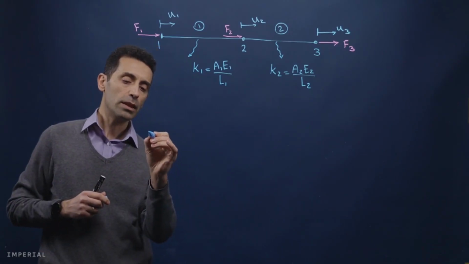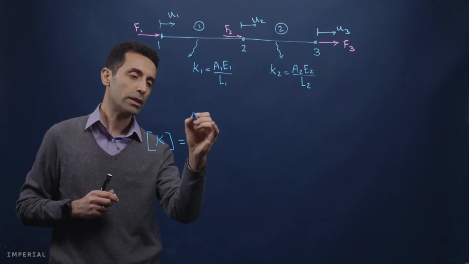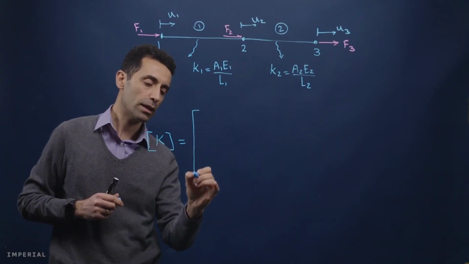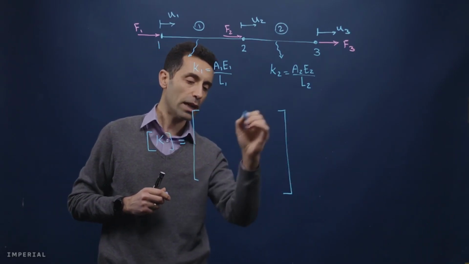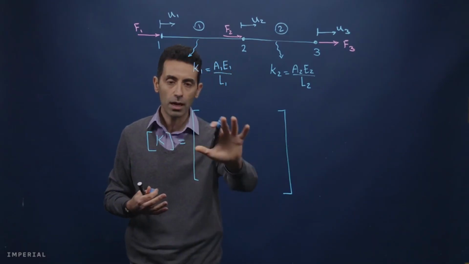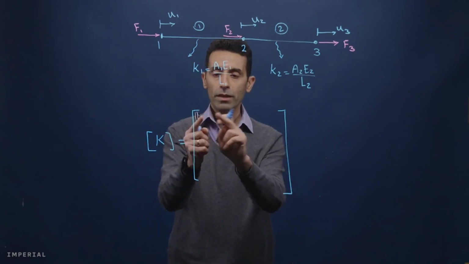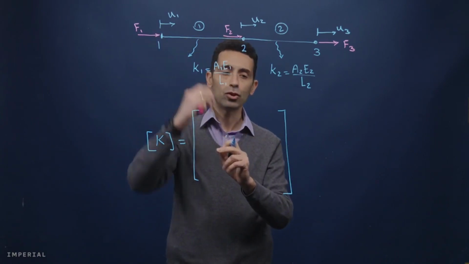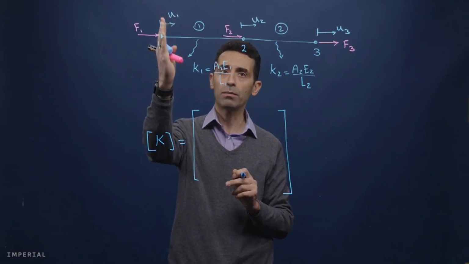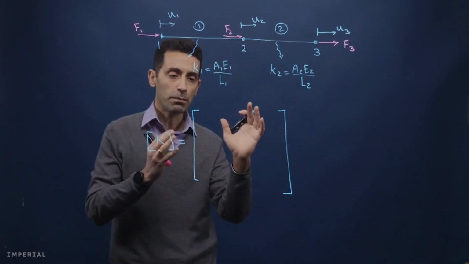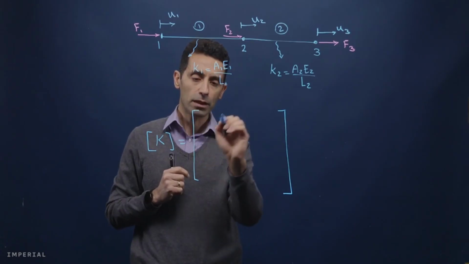So here is K, and it should be 3 by 3. So I give it enough space to put in 3 by 3 elements, so 9 elements into the entire matrix. Well, these first two are related to element number 1, so would be related to node number 1 and 2. So here we can bring in the element stiffness matrix, and put the components here.